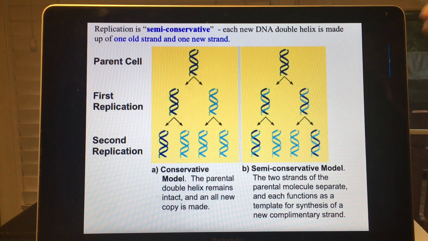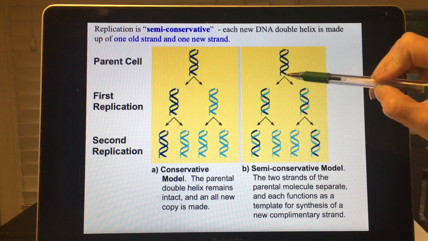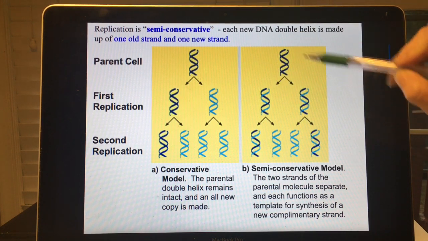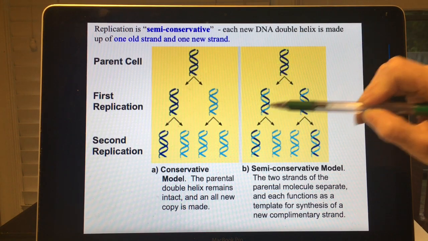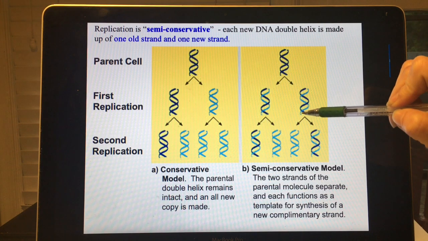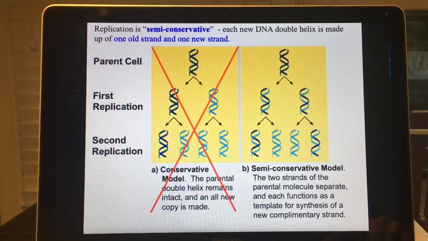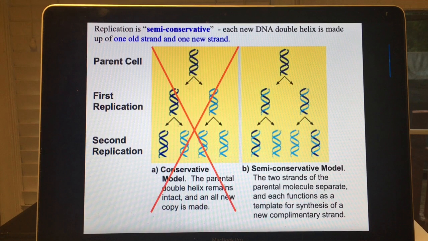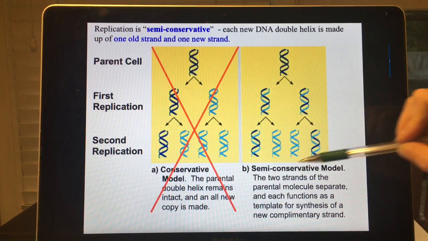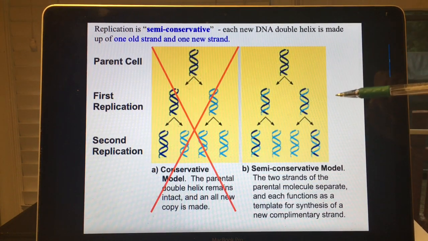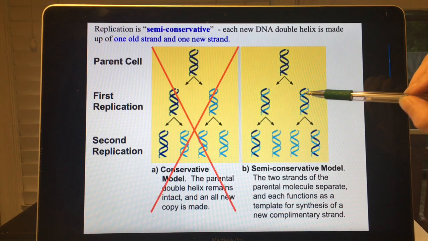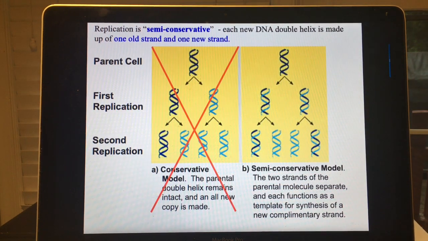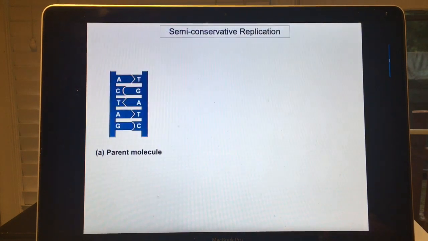The other option that scientists proposed was that the old strands open up, and one new strand is built complementary to one old strand, and they stay together. And it turns out that the option on the right is exactly what happens. So the dark blue represents the original strand, and the light blue represents the new strand, and that is called the semi-conservative model of DNA replication.